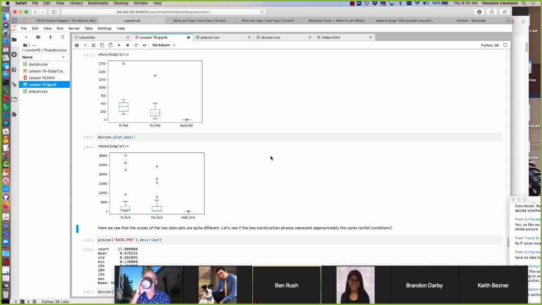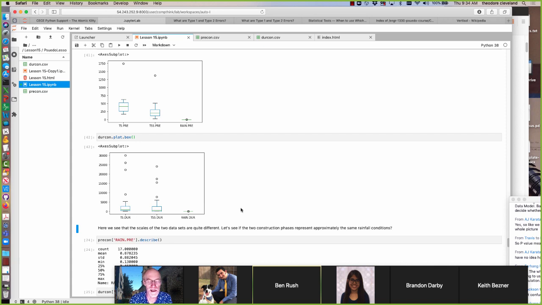Scale. Good observation. That's correct. So the scale here is quite a bit different than the scale here. Also, we have more of these isolated markers or outliers, if you will, relative to the main portion of the distribution.